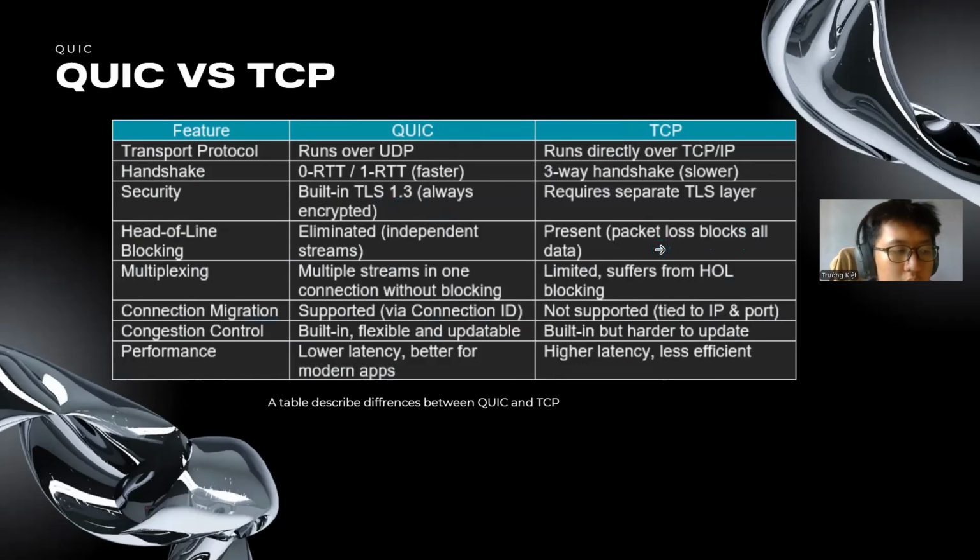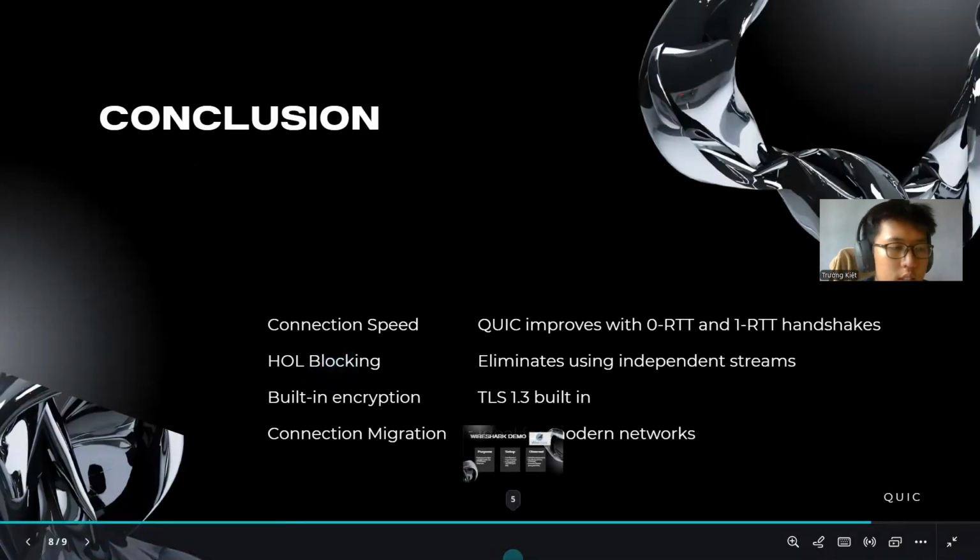TCP suffers from head-of-line blocking, meaning one lost packet delays others, while QUIC avoids this using independent streams. QUIC also supports multiplexing and connection migration, which TCP does not handle efficiently. Finally, although both protocols provide reliability and congestion control, QUIC generally achieves better performance due to reduced latency and improved data handling.